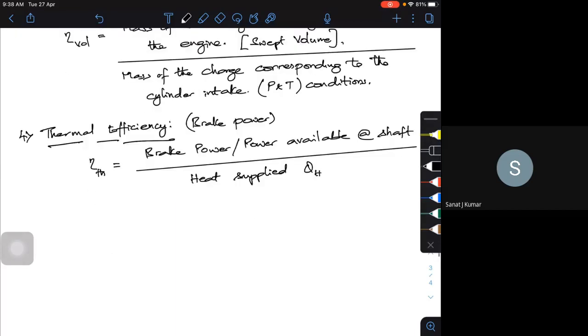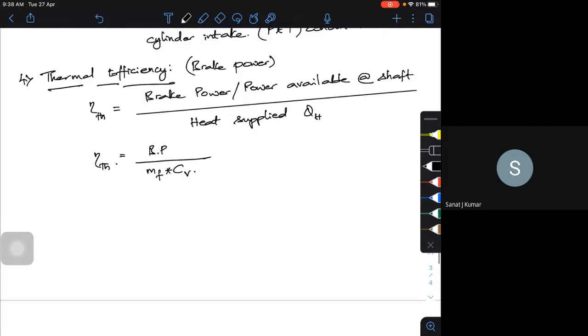Mathematically, I can write it as brake power divided by the mass of fuel supplied times its calorific value. So this is your thermal efficiency.